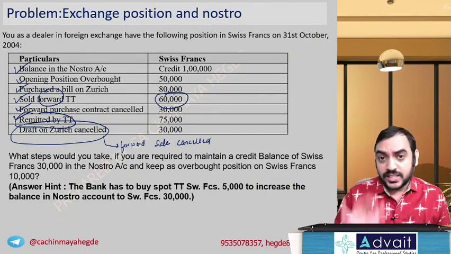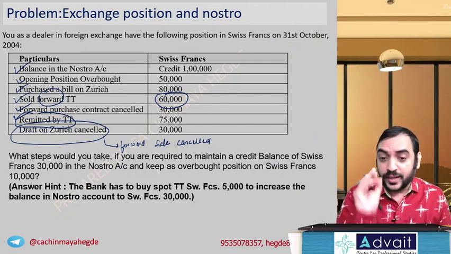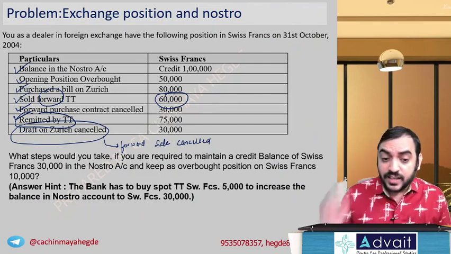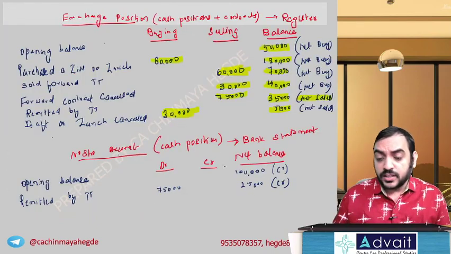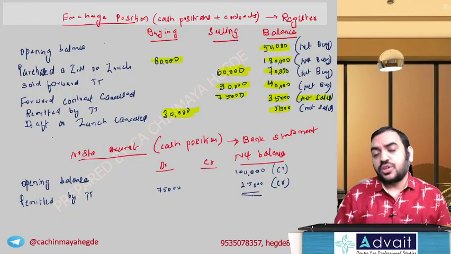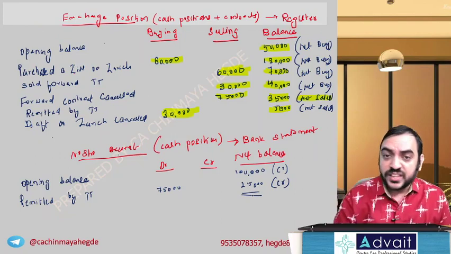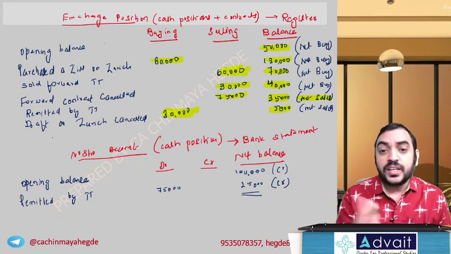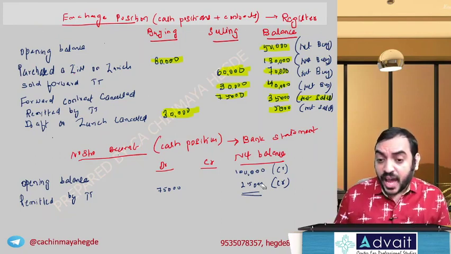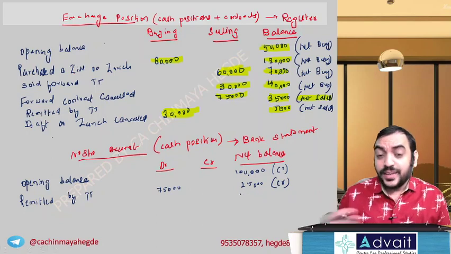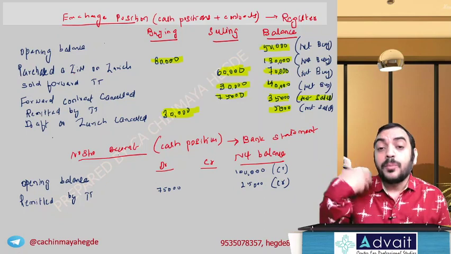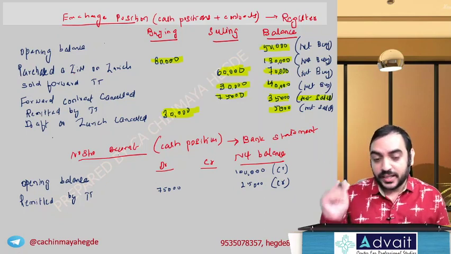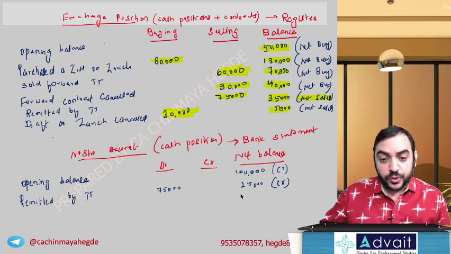Now, what steps do you take if you are required to maintain a credit balance of 30,000 in the Nostro account? Look at the balance now. How much do we have in the Nostro account bank balance? Only 25,000. But we need 30,000, which means we need to buy in the spot market. How much? 5,000.